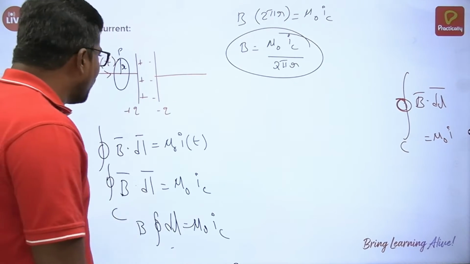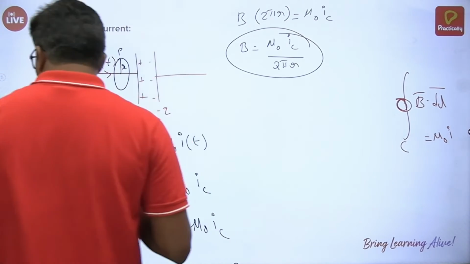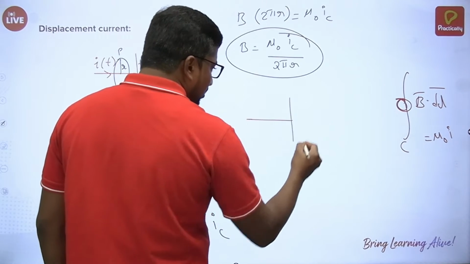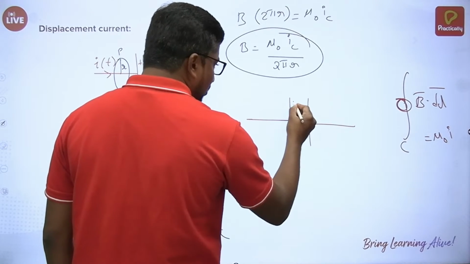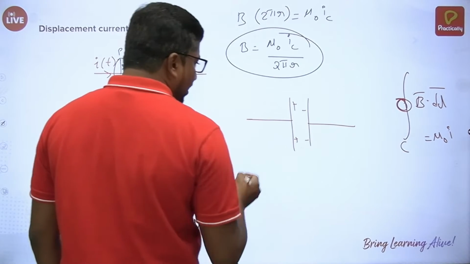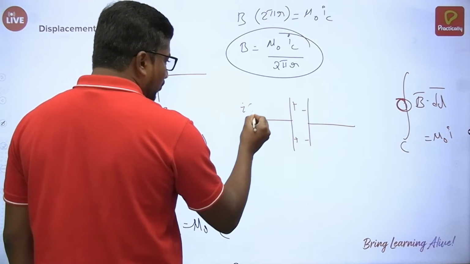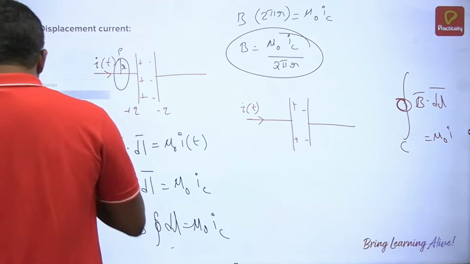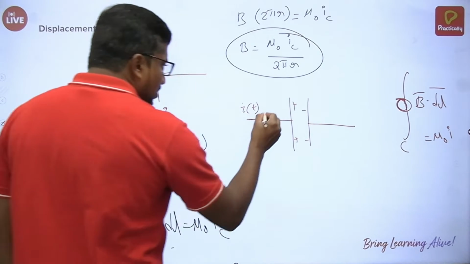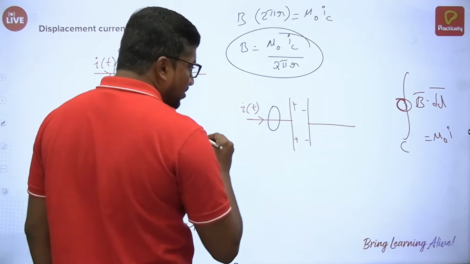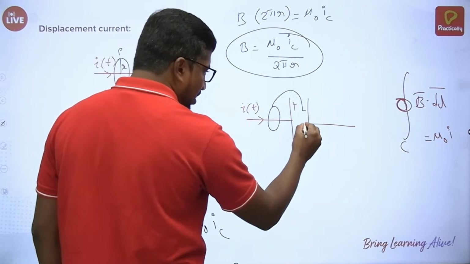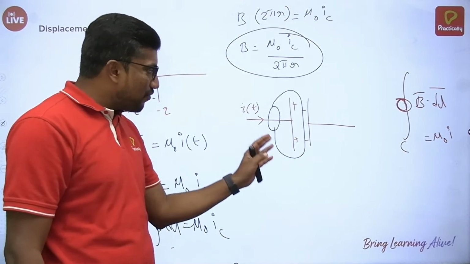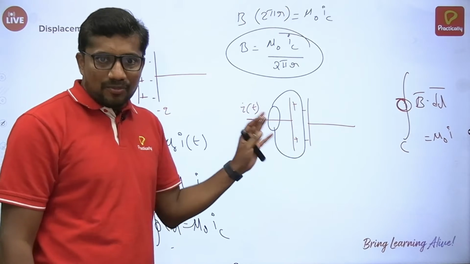So you take some different surface, with the same condenser here, and the same amount of current flowing through the condenser. I am going to take the same circumference and the same point, but this time of another shape, like a balloon, or a tiffin box, or a pot, whatever.